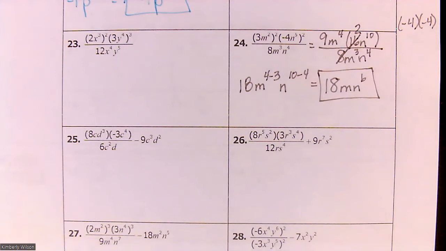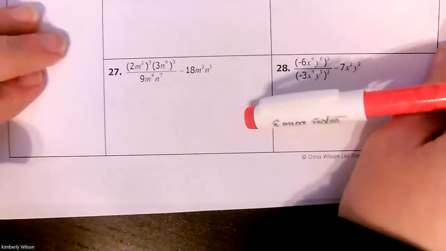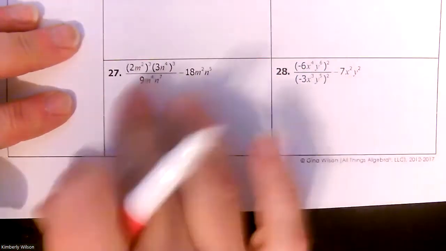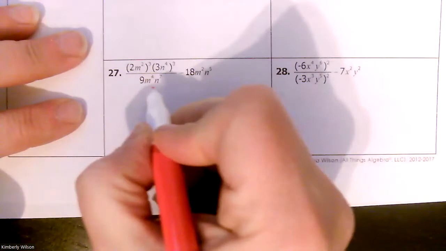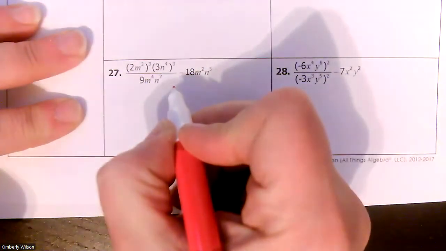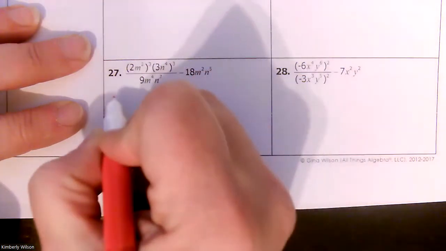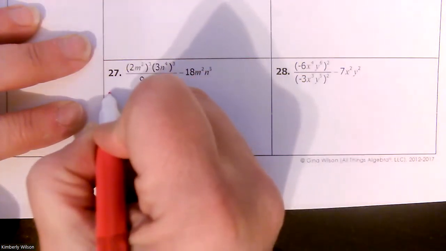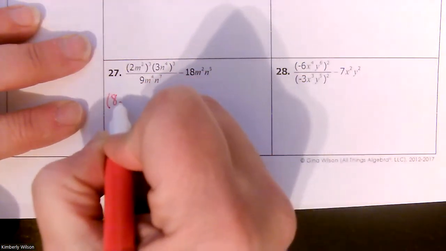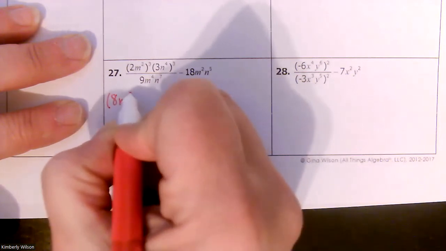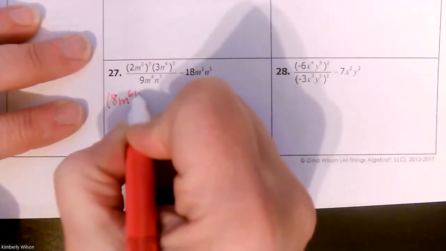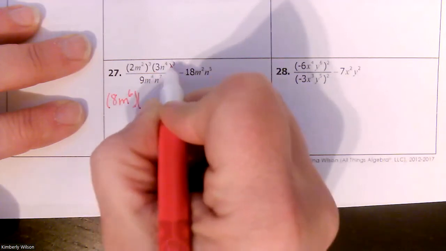Okay, next example, last one, is 27. I'm going to do several so that you can see it all works together. Oh, so now we're adding and subtracting into this as well. Okay, so we have to do the power to the power first. So that's going to give me 2 to the 3rd, that's 8. So we have 8 m to the 6th times 3 to the 3rd.